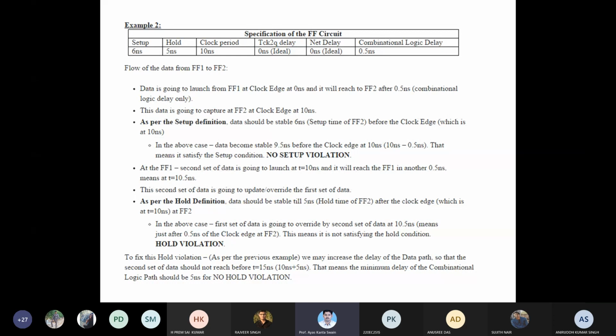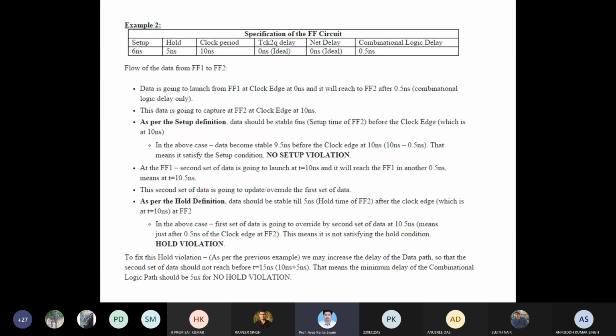Right? Now you see whether hold violation is there or not. You just see and let me know. So at 10 nanosecond, your hold is 5, so data must be stable up to 15 nanosecond. But if at 10 nanosecond the fast launching flip-flop launches data, it will reach after 10.5.